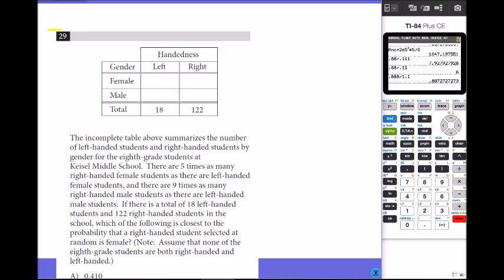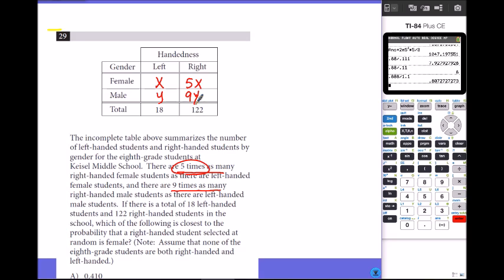So let's say for female students, if left-handed is X, there are 5 times as many right-handed, so I'll write 5X there. And there are 9 times as many right-handed male students as there are left-handed male students. So if this is Y, it can be a different variable from X. Now it's 9 times Y.